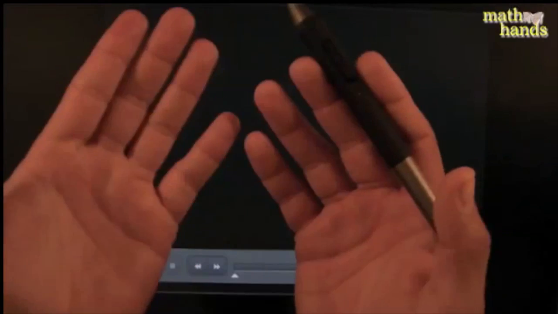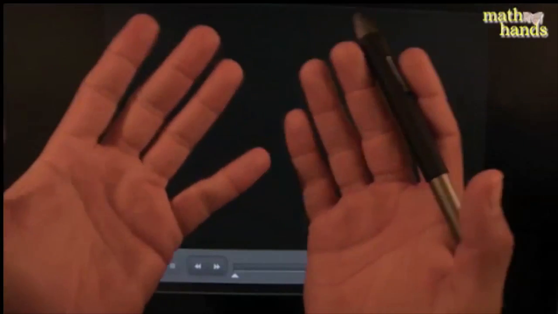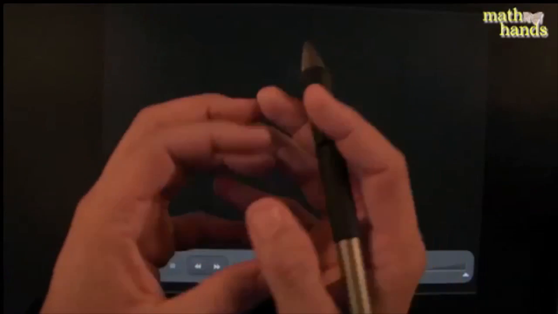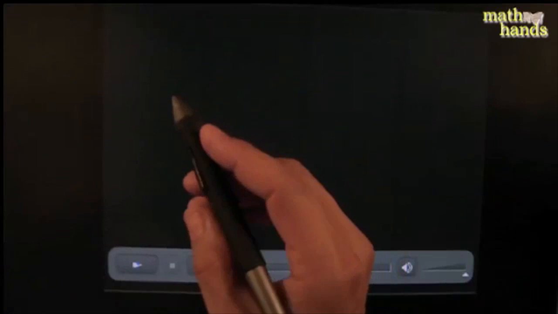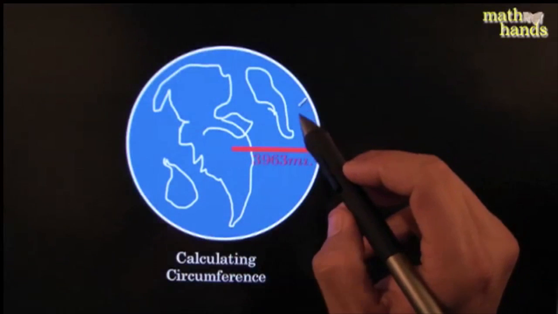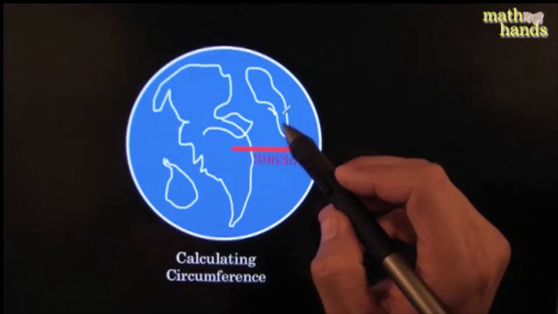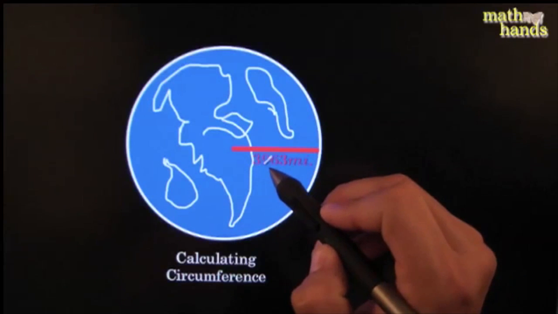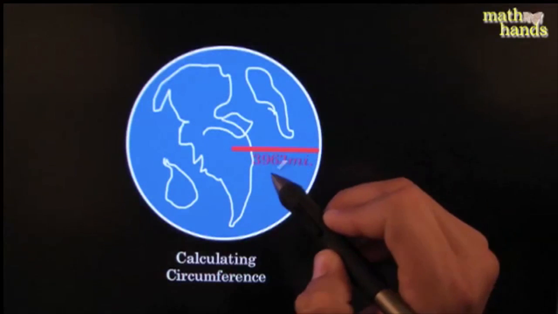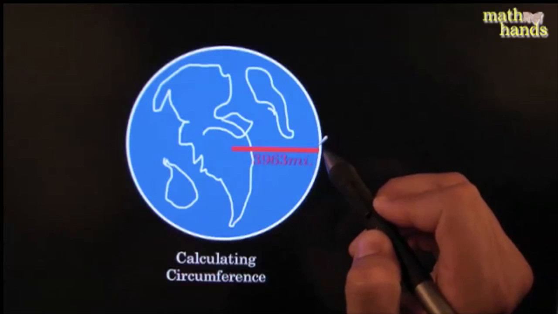And then the other thing I thought would be interesting is to put it actually in this class, because by now we have all the tools that we need to figure out that little curious question. So the idea is you take a look at the Earth here. It's approximately 3,963 miles in radius.